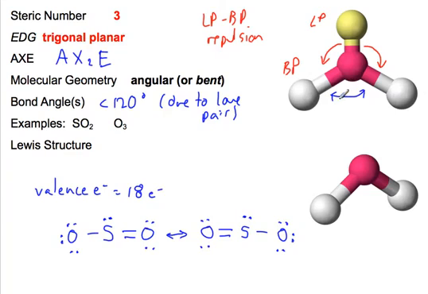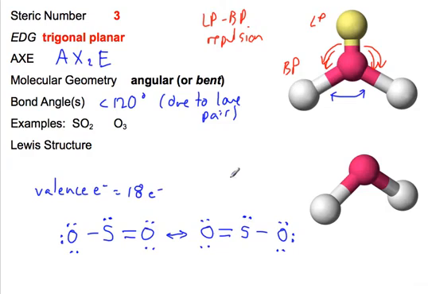The force of repulsion from a bond pair is less, so the net result is that these bonds get pushed down. So the bond angle of 120 is going to change. This was 120 in trigonal planar, but it's no longer trigonal planar geometry. That lone pair makes the bond angle less than 120.